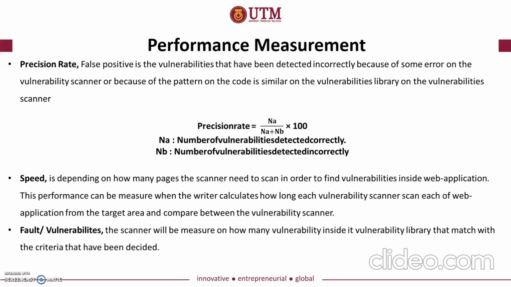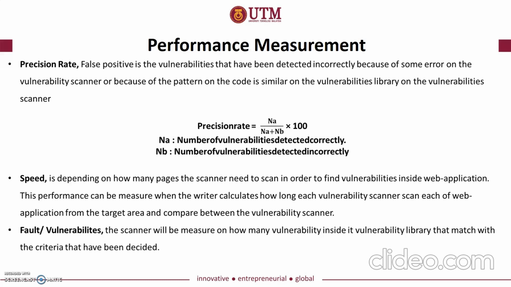From this number we can tell how precise the vulnerability scanner is when scanning the web application, because sometimes the scanner will flag the wrong vulnerabilities and create a false positive in the analysis.